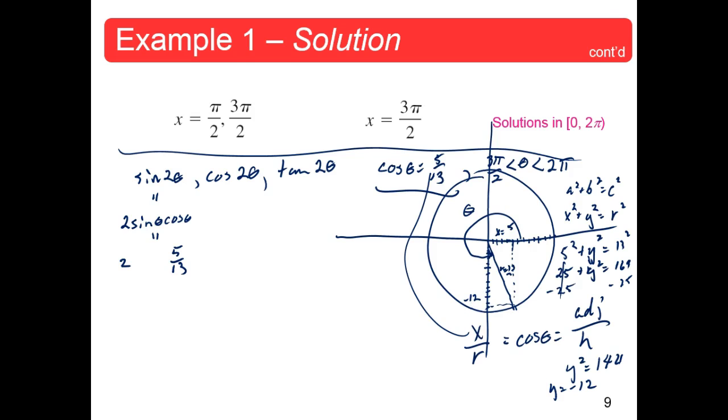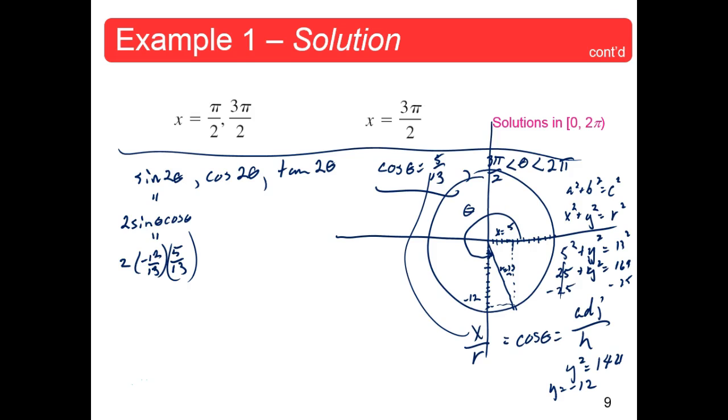We just calculated it down there. Y is equal to minus 12. Right there it is. So your sine theta is y over r. So the sine theta then is minus 12 over, same r, 13. And by the way, r's are always positive, right? The radius is always positive.